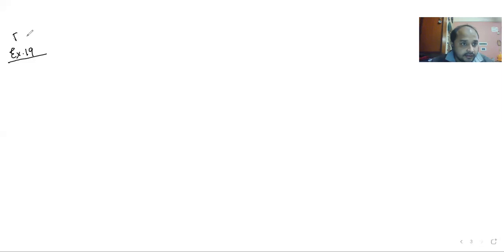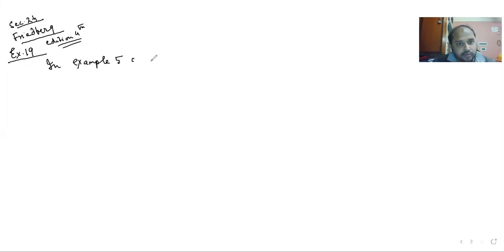Exercise number 19 is taken from Friedberg's linear algebra, section 2.4, 4th edition. And the question is given as: in Example 5 of section 2.1, I am copying the question as it is given in the book. Example 5 is written over there.